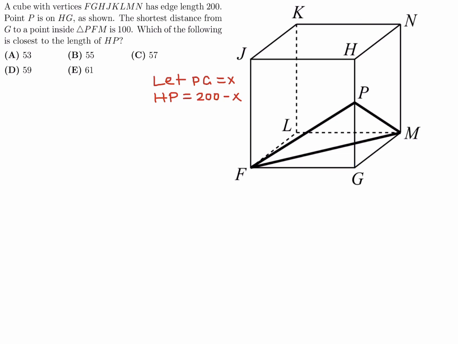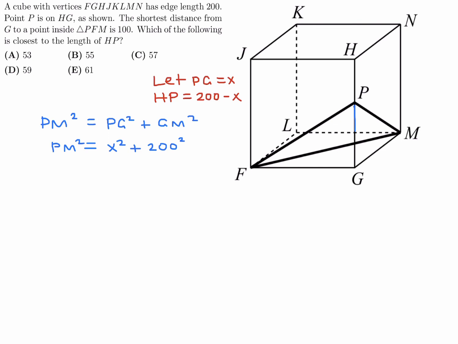The first one, not in any particular order, will be PM. I will use the Pythagorean relationship here since that is a right angle. So PM squared is equal to PG squared plus GM squared. So PM squared is basically X squared plus 200 squared, since the edge length is 200.